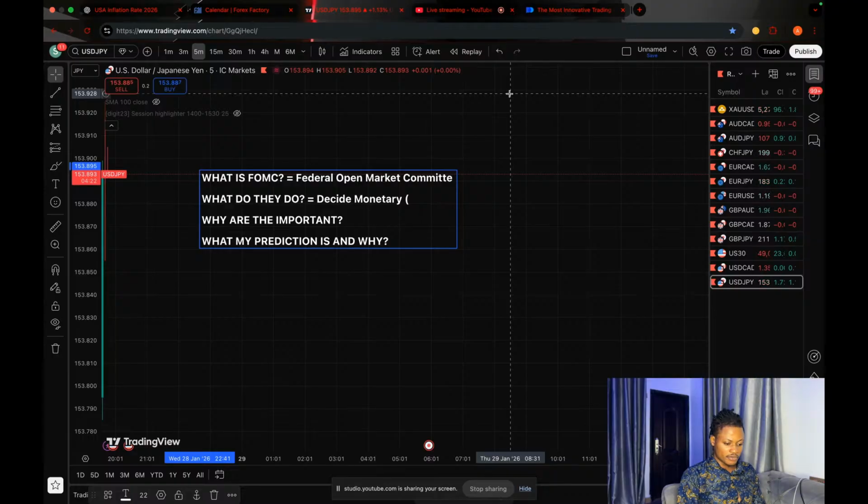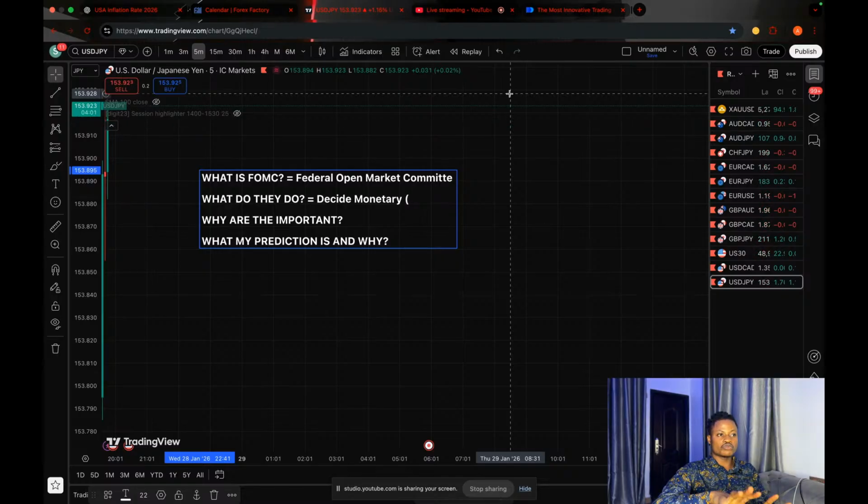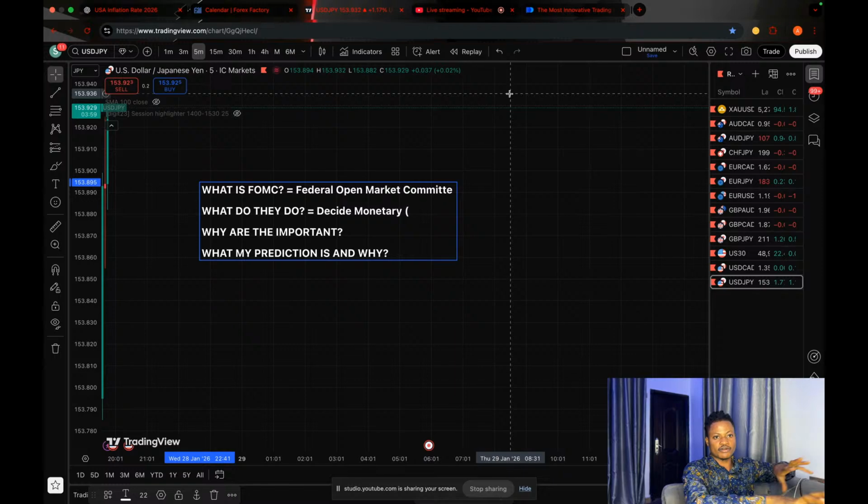Monetary policy is how the central bank controls money and credit in the economy to keep things stable. You understand? For example, in Nigeria, if you want to control how money moves in the economy, you use policy to control those things.